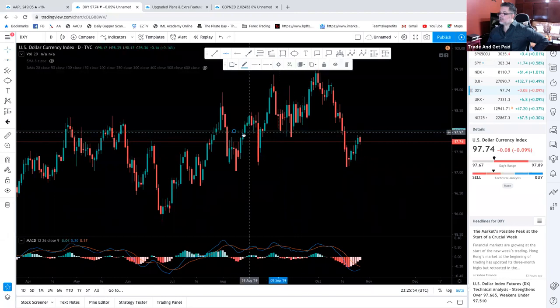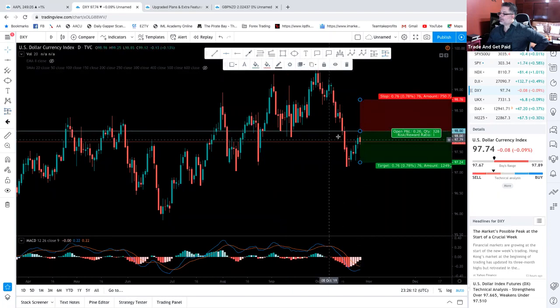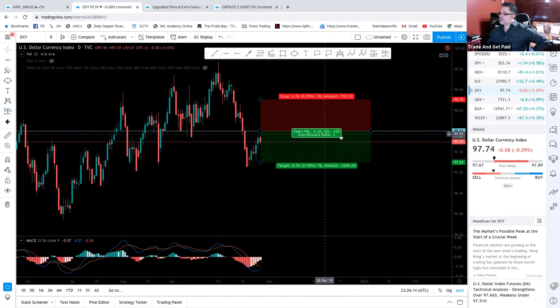I'm anticipating that it's going to hit this line and it's going to drop. If I was to do that, how can I determine what my risk to reward is to put on a trade? You click on the short position, and once you have the pointer there, you click on it, and it automatically does it for you, okay?